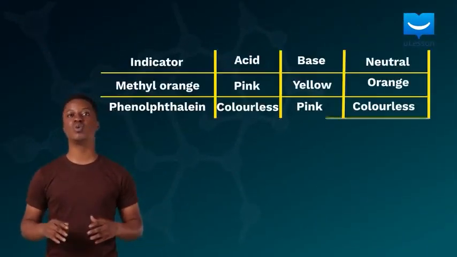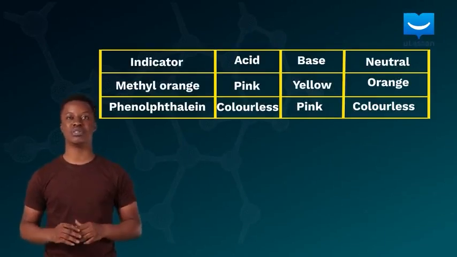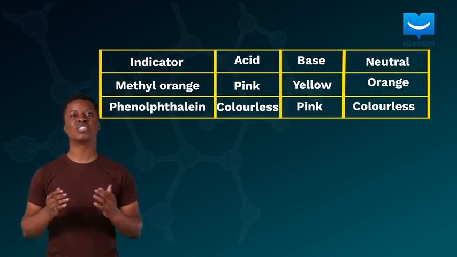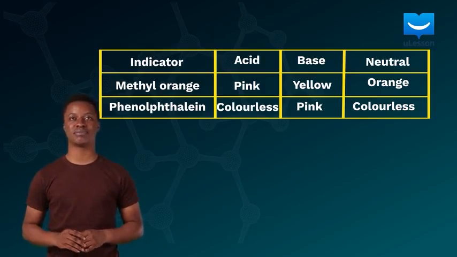This table here shows us the two common indicators used during acid-base titrations, methyl orange and phenolphthalein, as well as their respective colors in acidic, basic, and neutral mediums.